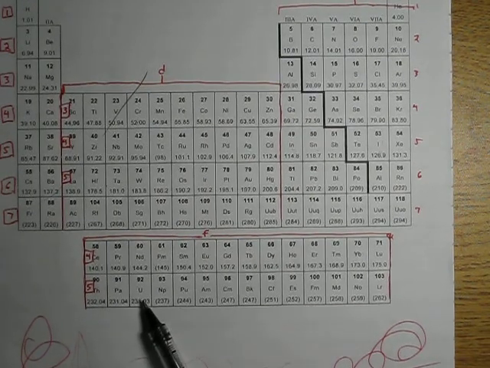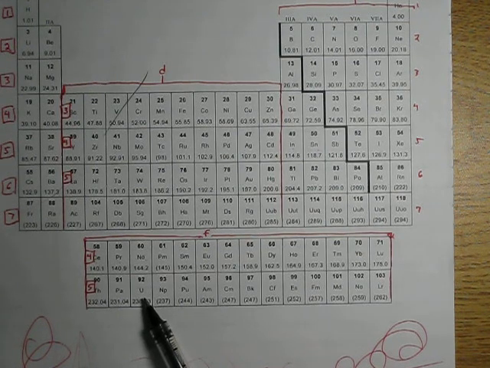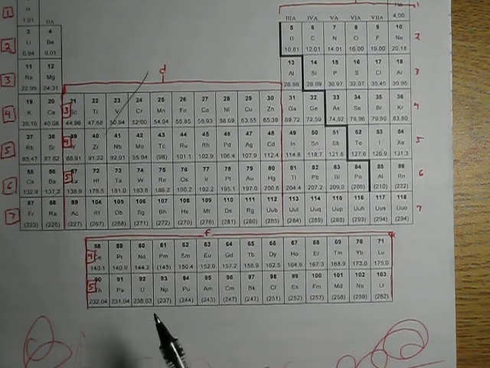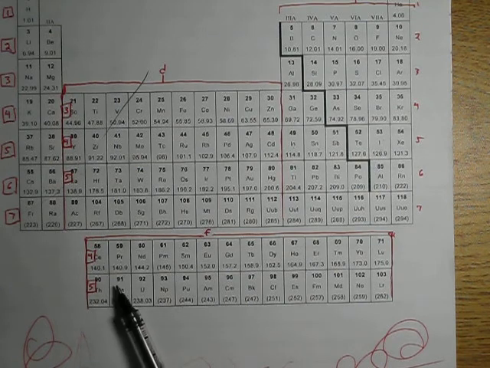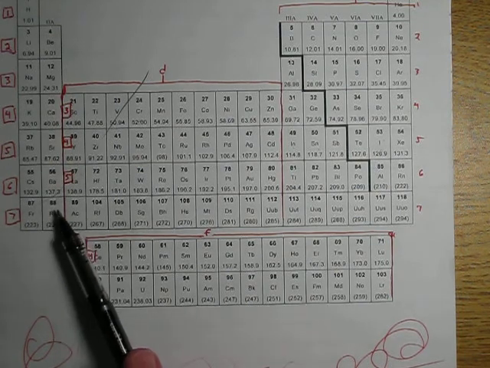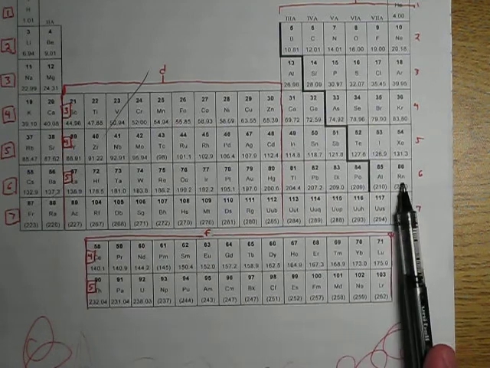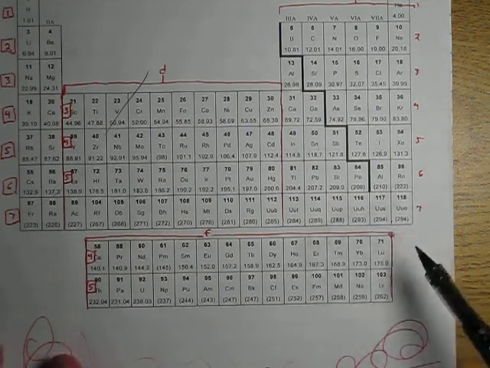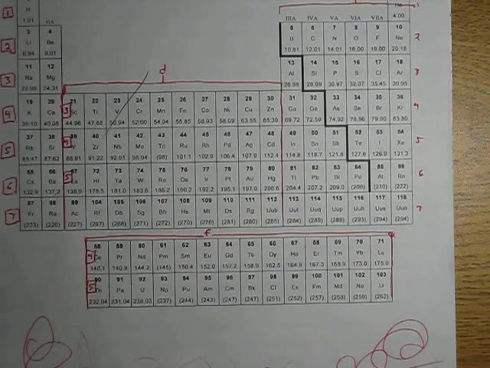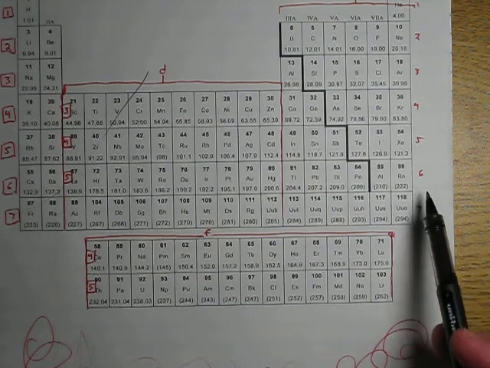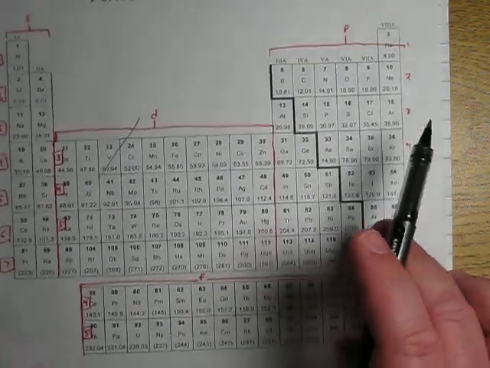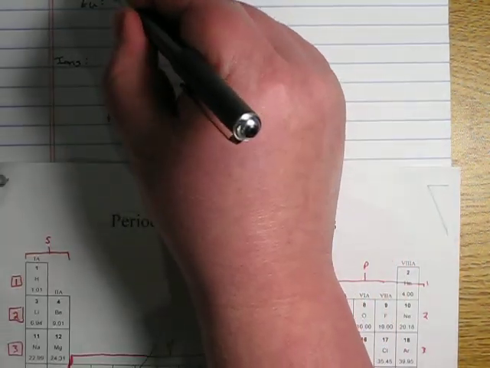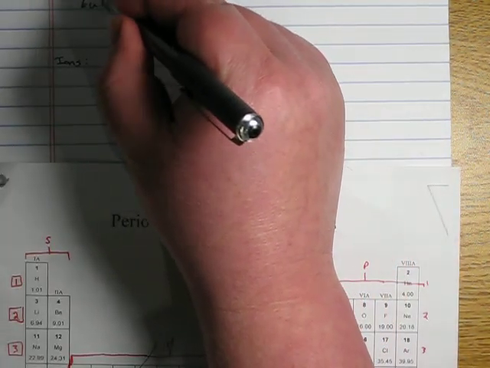Uranium's right there. Okay. Well, what's the next previous noble gas? Well, 92, 91, 90, 89, 88, 87, 86. So this is going to be radon core for uranium. I'm going to write that down up here. Radon core.